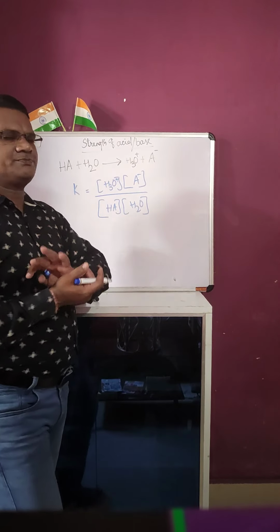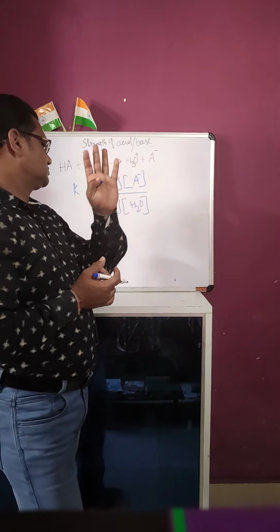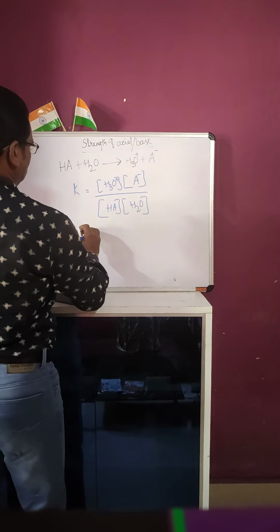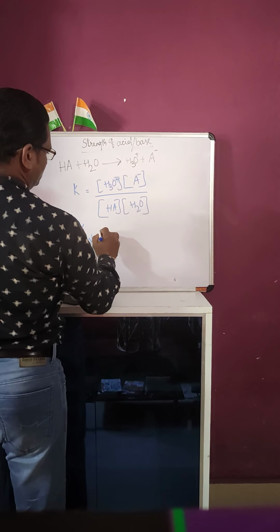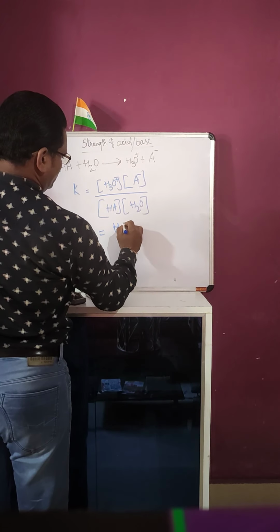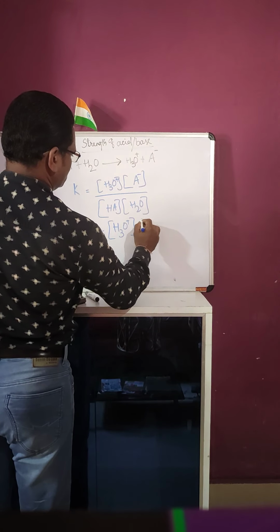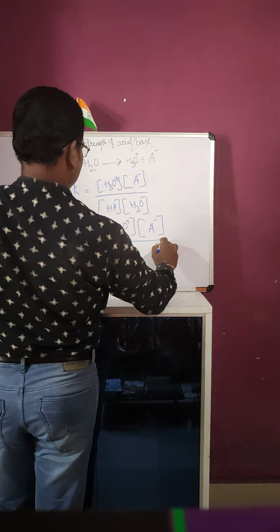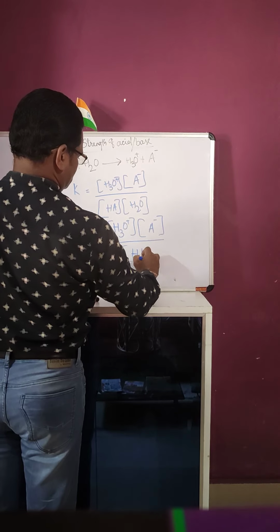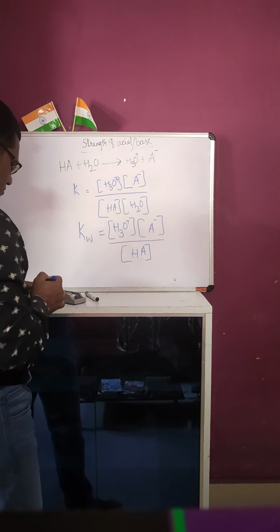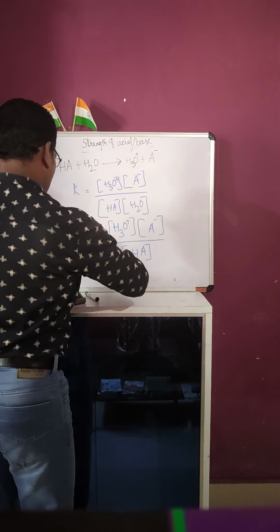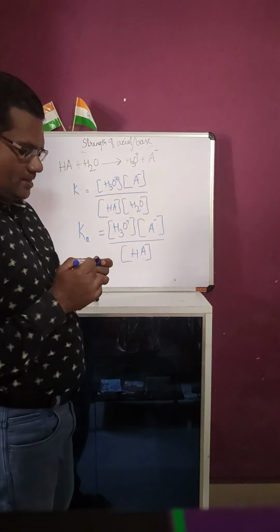Since water is present in a large amount, K into water is a constant. So this is another ionic constant, equal to the molar concentration of H3O plus into A minus divided by the acid. Not Kw, Ka.